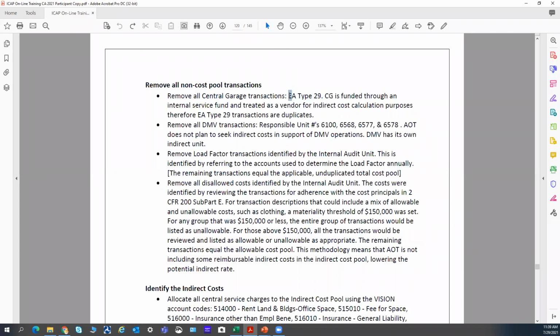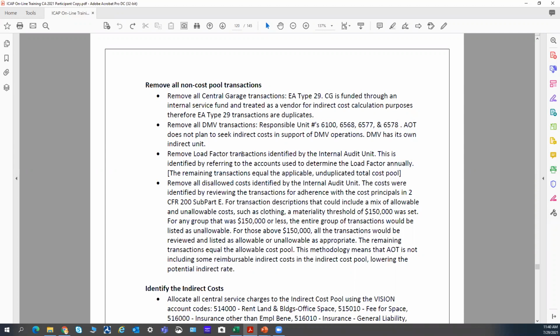So when I open up that workbook and I see that they've excluded all of EA type 29, I know that that's a centralized garage. And if you remember from up above, they opted to remove that. Same with DMV. They identify the responsible unit in the codes that their financial management system uses. And you can see that those are excluded as well.